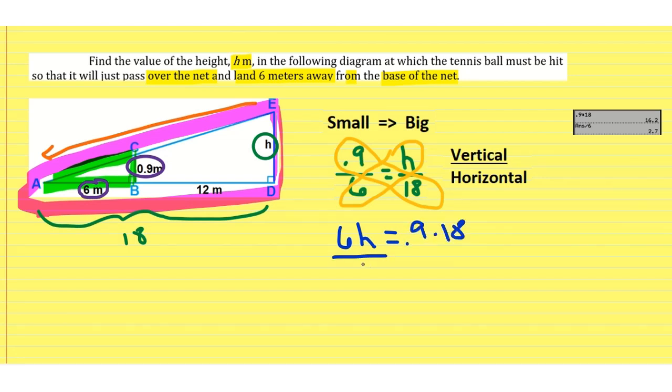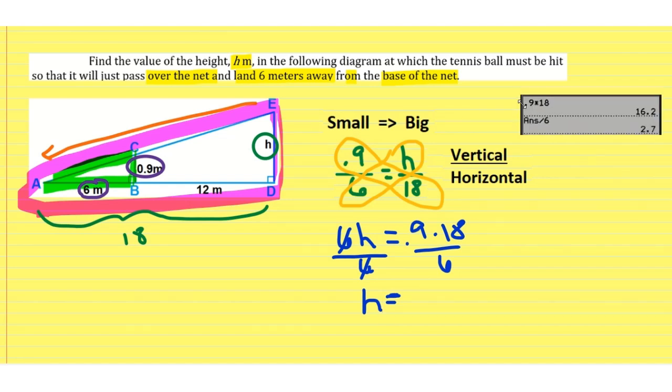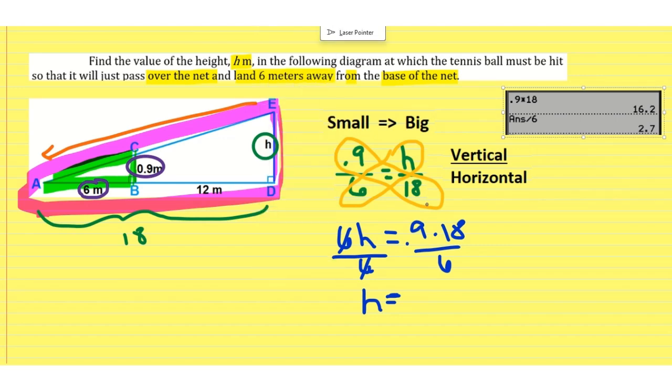And then I'm going to divide out the 6 on both sides. The 6s, of course, cancel out. And so h, the height from which the ball must be hit, is going to be equal to this calculation. I get my handy dandy calculator and I see that 0.9 times 18 is equal to 16.2. And then 16.2 divided by 6 is equal to 2.7.